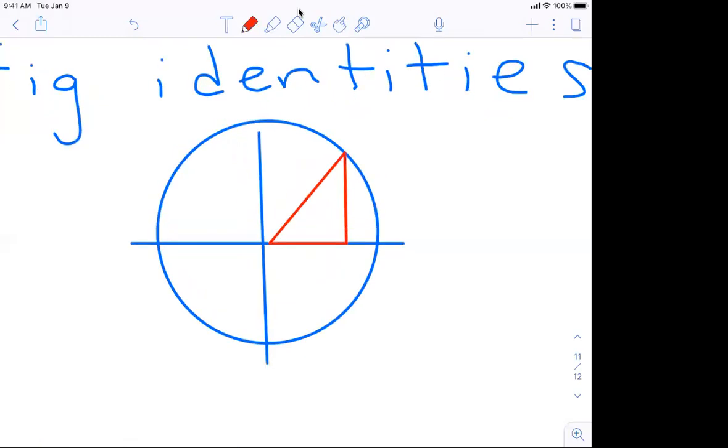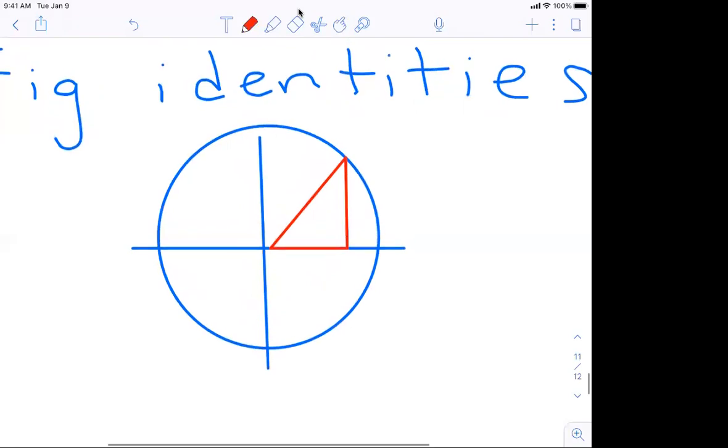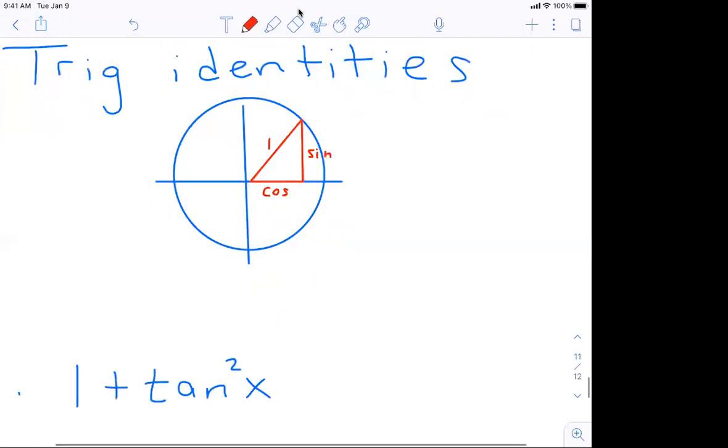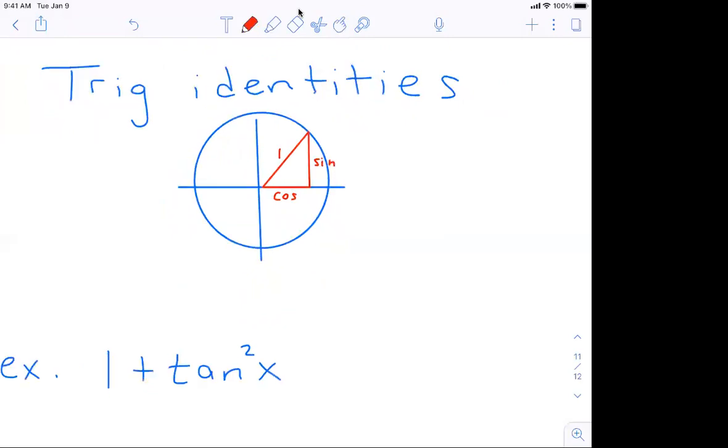So that means that the length of this bottom is the cosine and the height is the sine, and the hypotenuse, of course, is 1 because that's the radius of the circle.